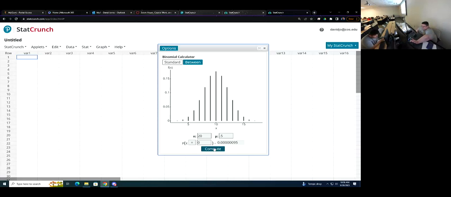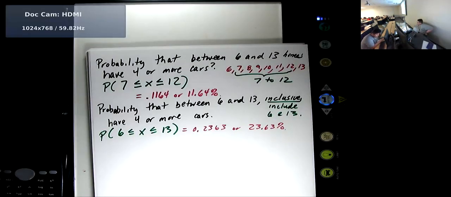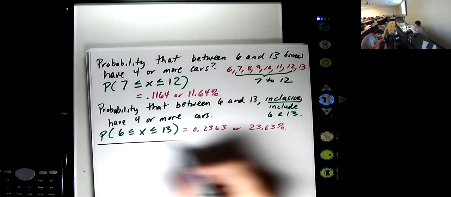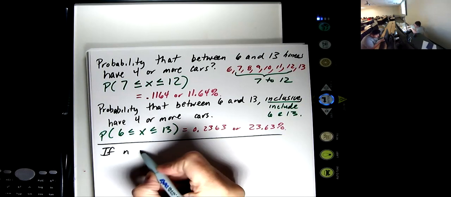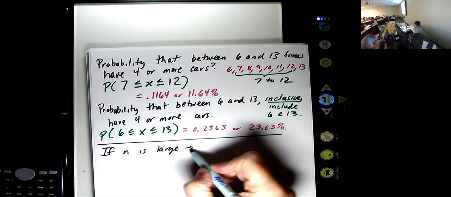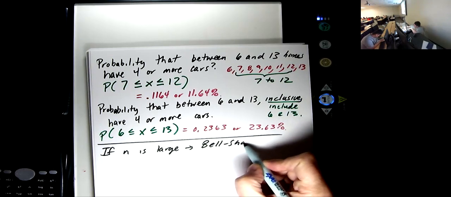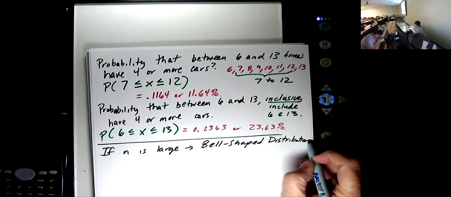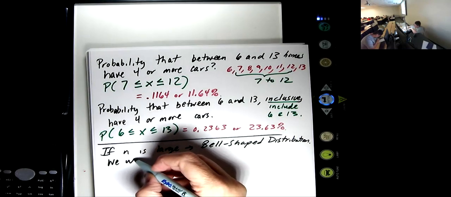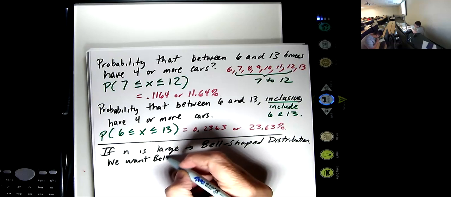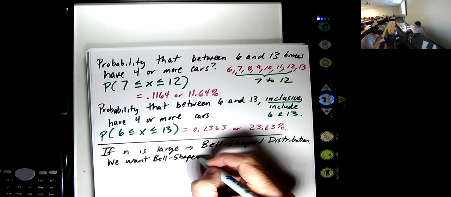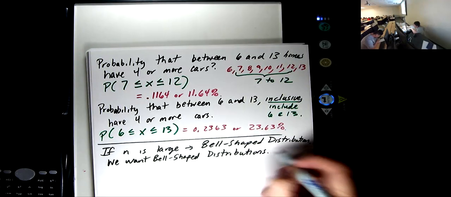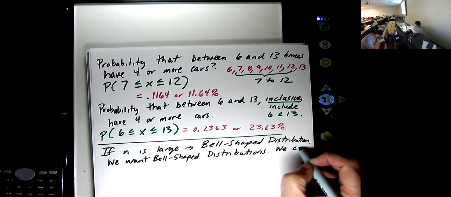So what that means is, if n is high, this is bell-shaped. It's a bell-shaped distribution. We want bell-shaped distributions. They're consistent. They always look the same. We can use the empirical rule on bell-shaped distributions.